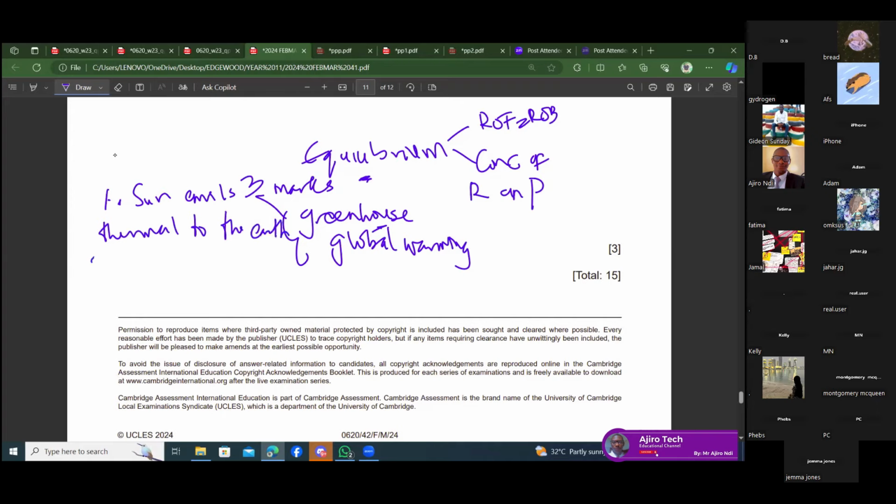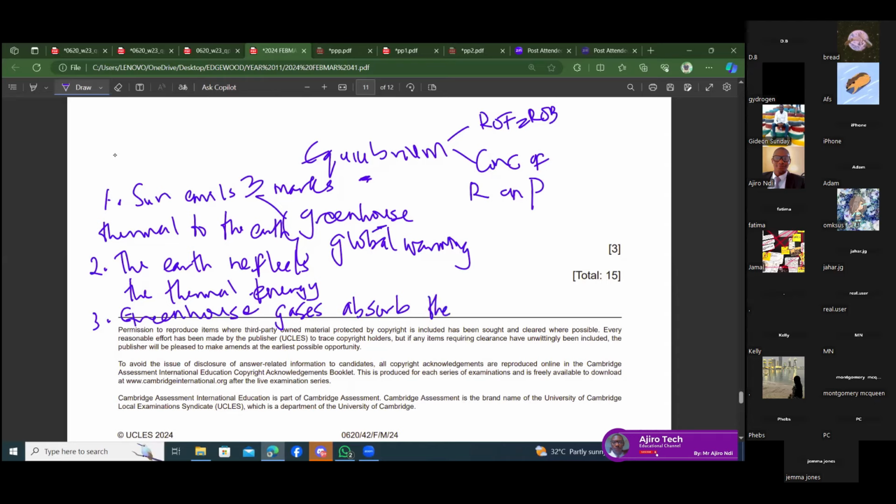That's mark 1. The second mark is that the earth reflects the thermal energy. And then the third mark is that greenhouse gases absorb this reflected thermal energy and result in global warming.